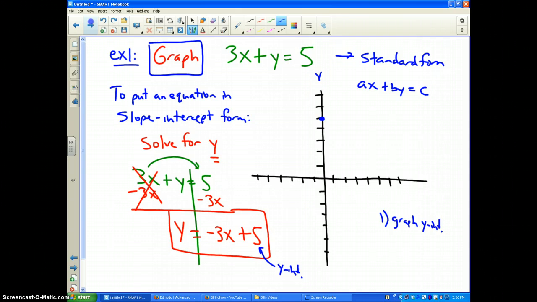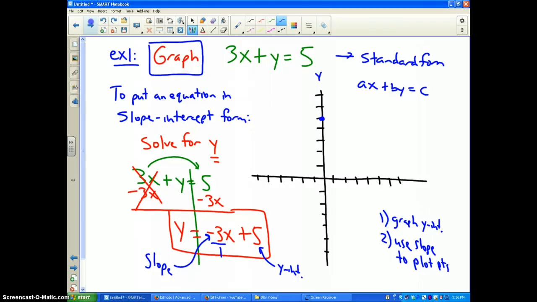Okay? Now, the slope is that number right there, negative 3. To make it a fraction, I put it over 1. And step 2 is use the slope to plot other points.